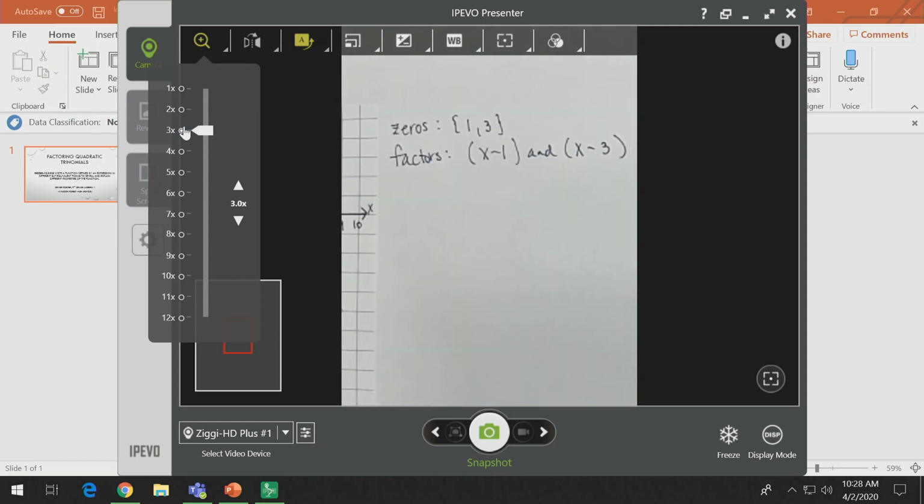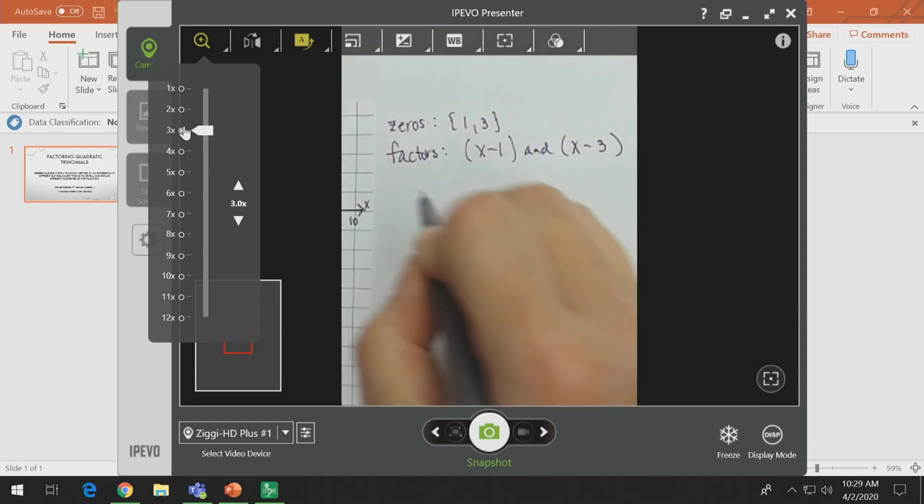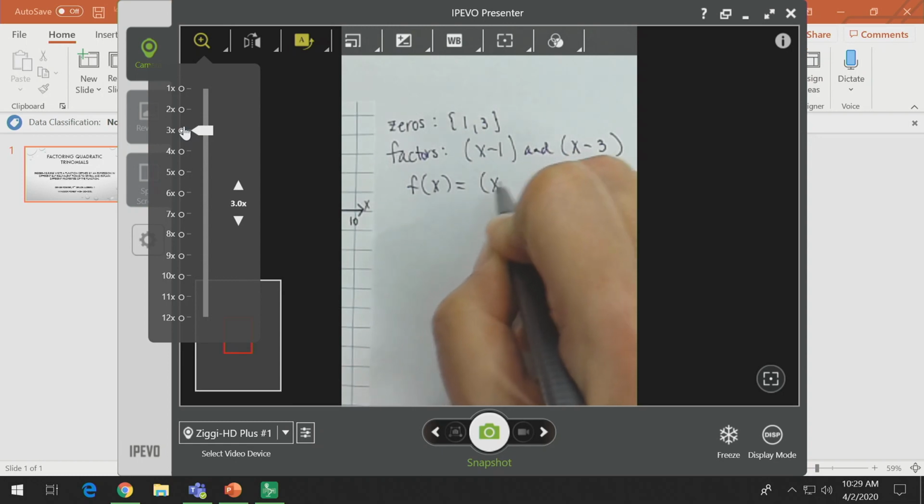I'm going to use parentheses here just to set those numbers apart. So now I want to build a function that has factors of x minus 1 and x minus 3. Well, the definition of a factor is a number that multiplies to make another number. So if I want to build a function based on these two factors, all I have to do really is just multiply these two.